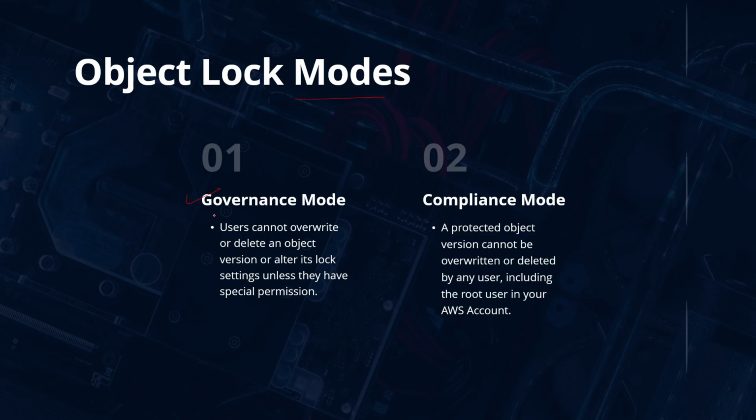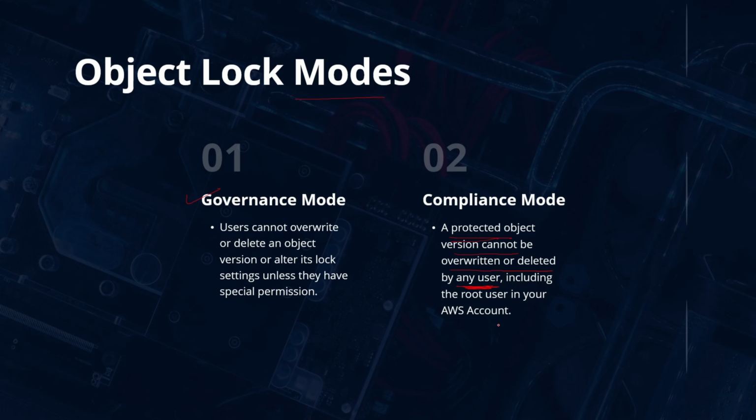Now, coming to the compliance mode, in the compliance mode, once an object is protected, remember, once the object is protected, it cannot be overwritten or deleted by any user. Remember, any user, which also includes the root user of your AWS account.